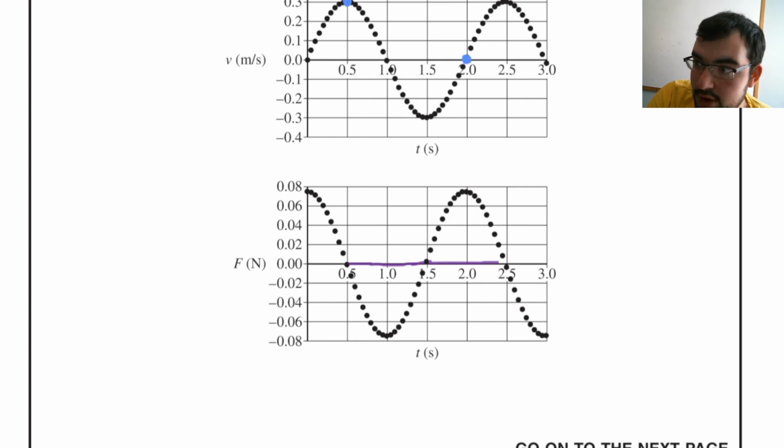So we have a negative change in momentum for the first second. And we have a positive change in momentum for the second. And notice those are pretty clearly symmetric, so they're going to cancel out.